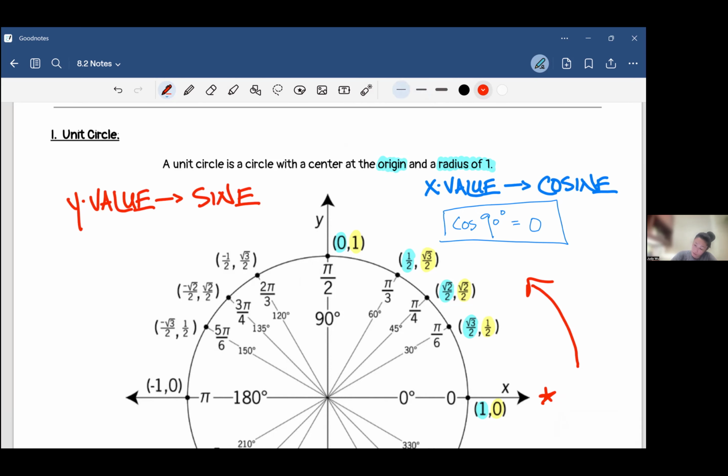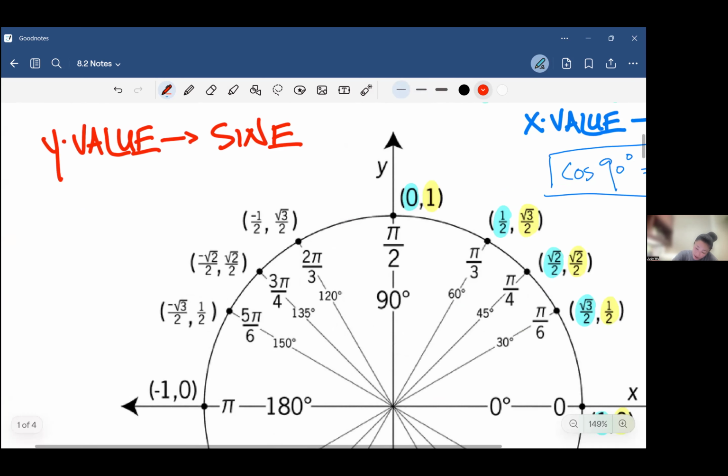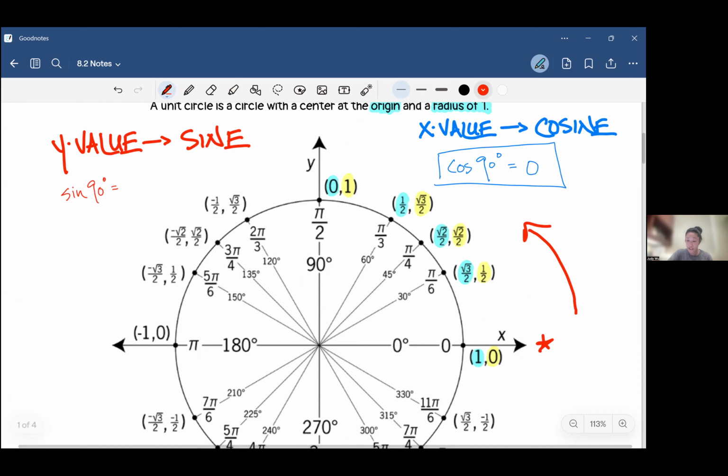So if I say I want you to find sine of 90 degrees, last time we did cosine of 90 degrees, but sine of 90 degrees means I go to 90 degrees and I find the y value there. That y value is 1, which means sine of 90 degrees is 1. And that's pretty much what we're going to be looking at on our unit circle. On the exam, I will have a unit circle for you.